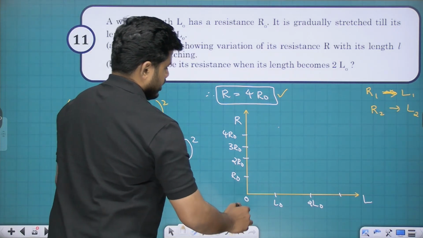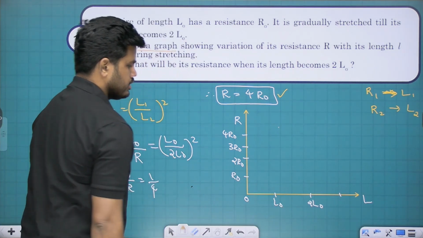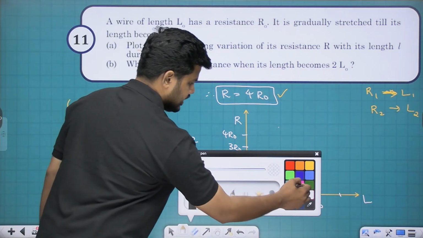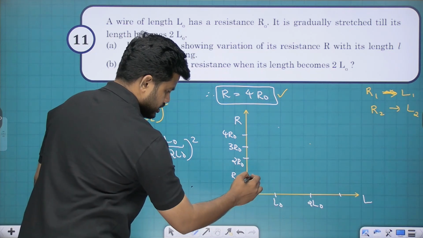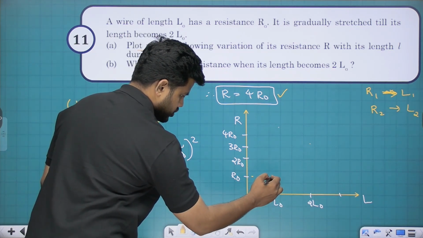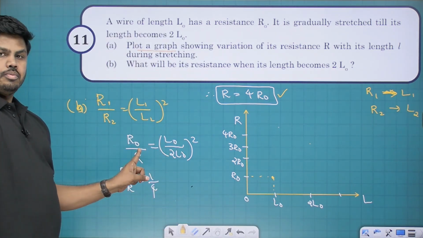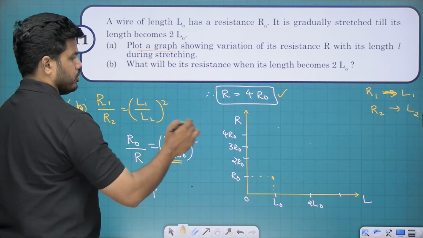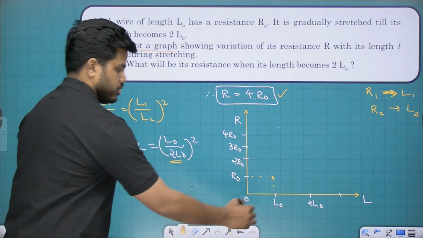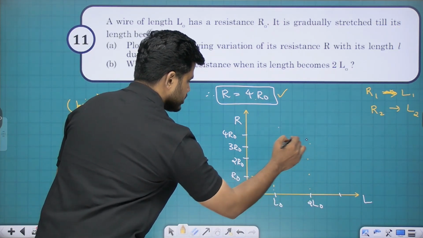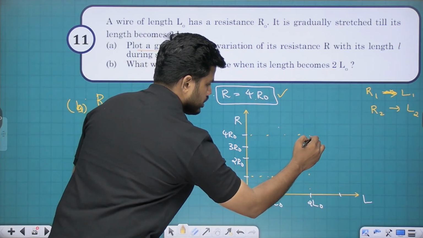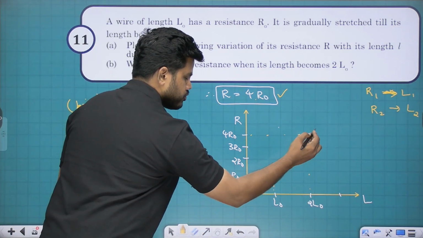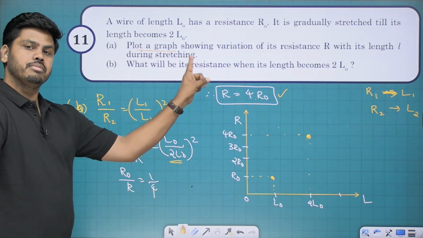Then what about the given value? When the length was L0, the value was R0, right? Initial resistance is R0. We found out when the length is 2L0, resistance is 4 times R0. So these are the two points, initial and final values of the resistance during the change.